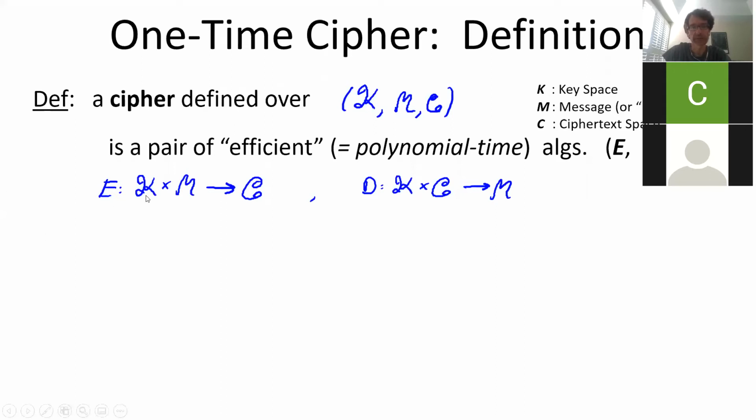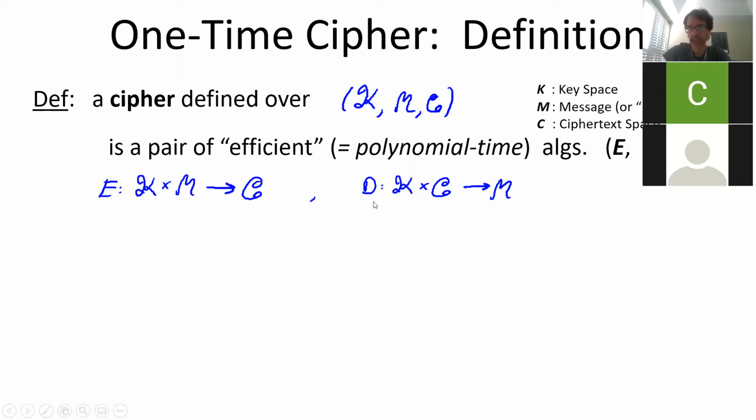A deterministic algorithm is like a function given an input that is a pair, the first element in the key space, the second in the plaintext space. This algorithm follows some deterministic procedure and outputs an element in the ciphertext space. So basically, it's a function that for any k, m assigns to it some ciphertext c.